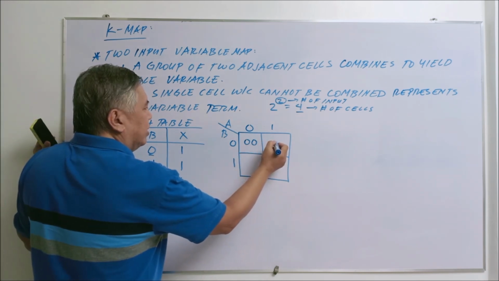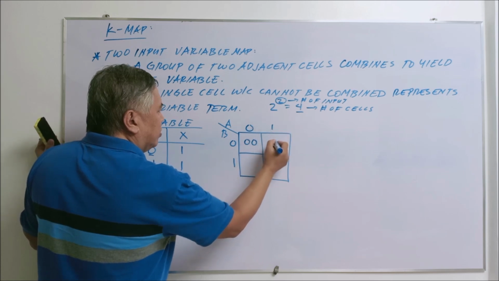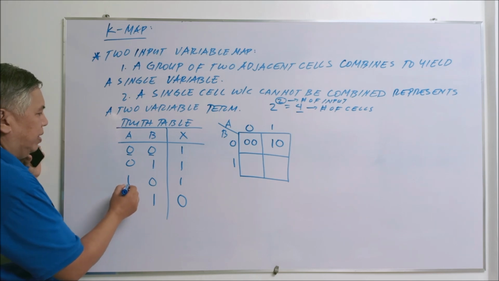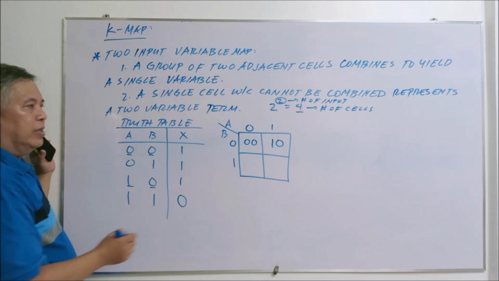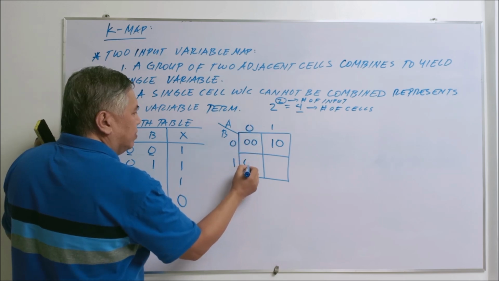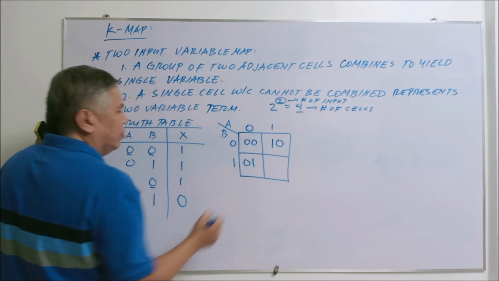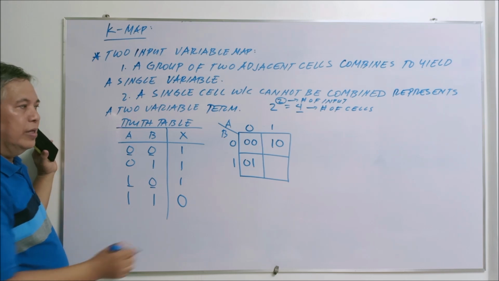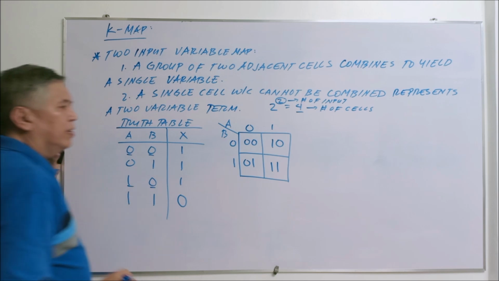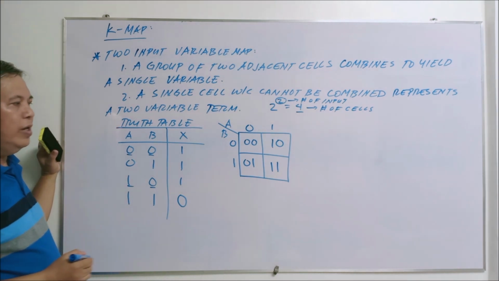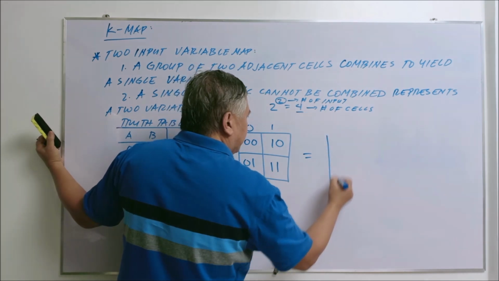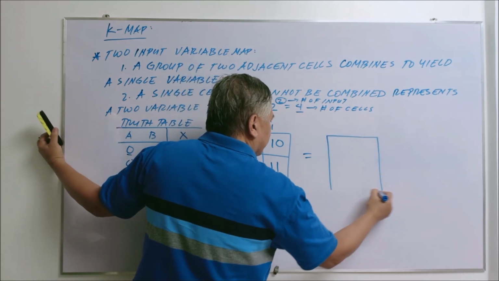This cell here has a value of A is 1 and B is 0, and that is this value. Then this cell here contains A, which is 0, and B, which is equal to 1. And then here A is 1 and B is 1.